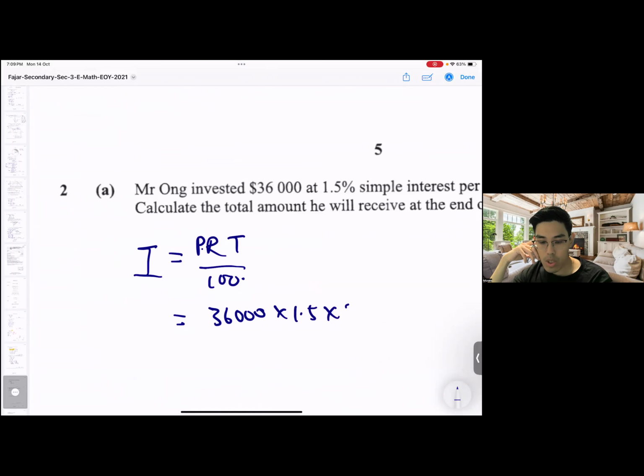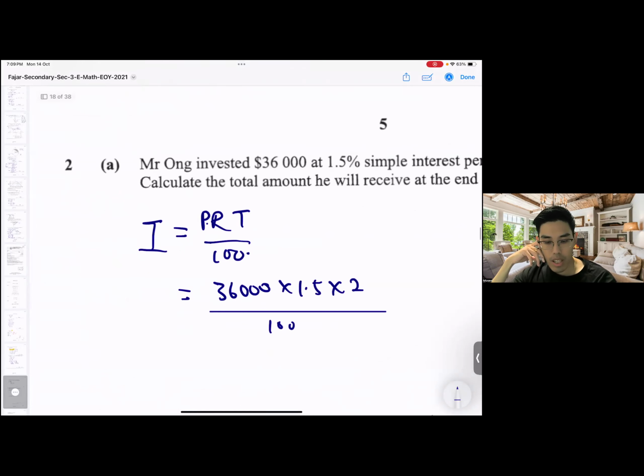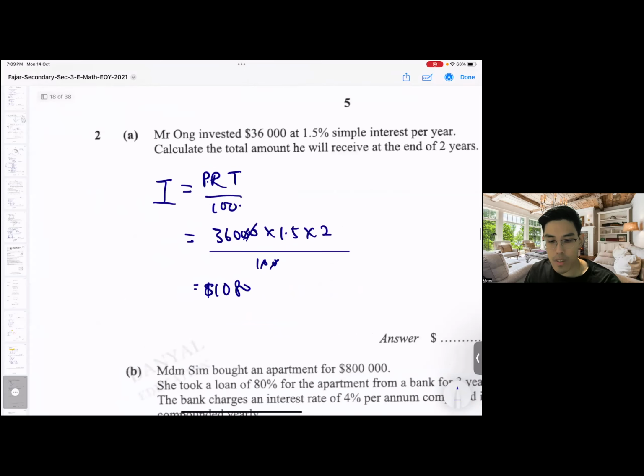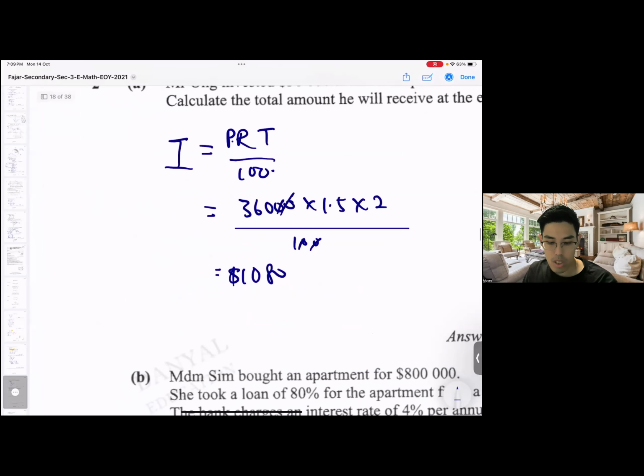How many years? 2 years. The whole thing over 100. You can do some cancelling along. So you'll be 360 times 1.5 times 2. So you get 1080.